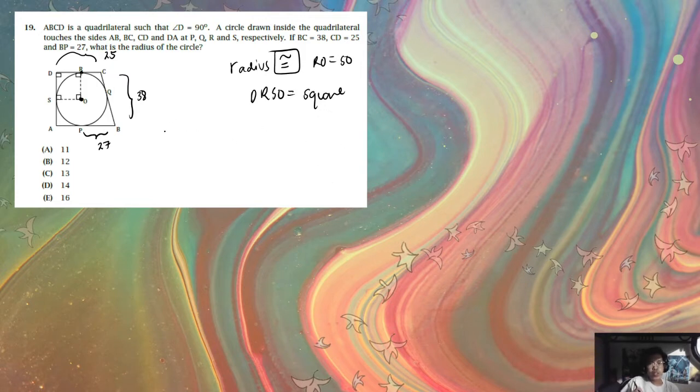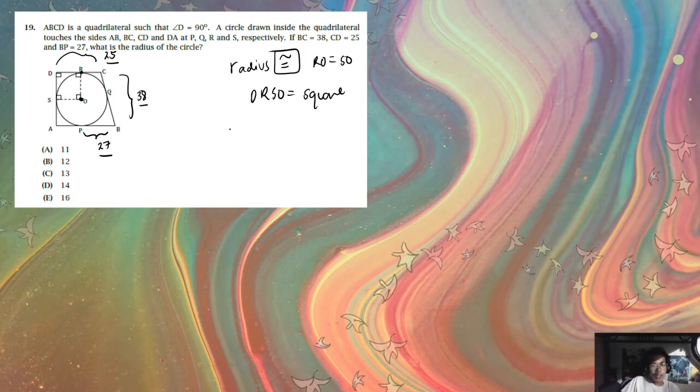Now, if we look closely at the problem, we're ignoring the three side measurements that were given. So let's utilize them for this problem. It says here that we have DR and RC.